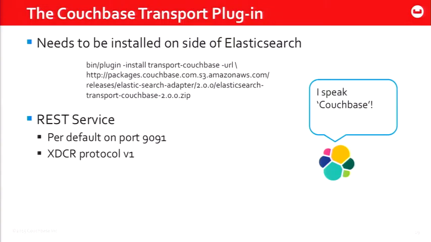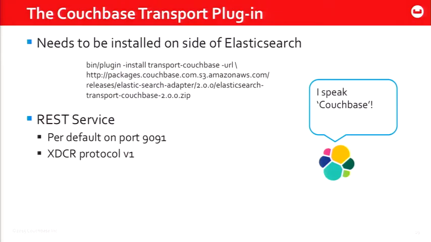So what do you need to install it? Basically, you just need to install the plugin to Elasticsearch. So Elasticsearch is really cool. It's pluggable. There are tons of plugins available on the Elasticsearch website. And one of those plugins is our Couchbase adapter, right?